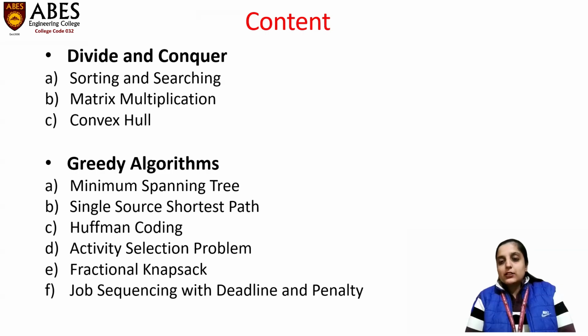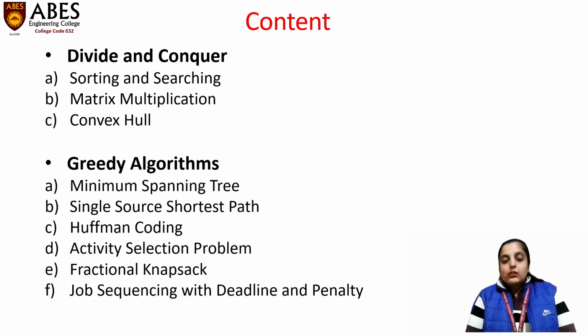That is the major strategy behind divide and conquer approach. And in this particular technique, we'll discuss very famous examples, Strassen's matrix multiplication, from which there is a possibility of getting a 5 or 7 marks question in university exam, and convex hull can be asked for 5 marks as well as for 2 marks in your AKTU exams.